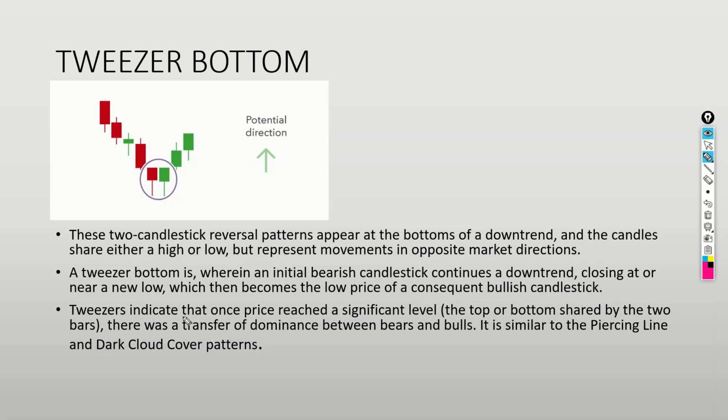So tweezers indicate that once price reached a significant level, there was a force that transferred dominance between bears and bulls. It is similar to the piercing line or the dark cloud cover that is covered later in this video. Okay, so the tweezer bottom, just like the word signifies, is at the bottom.